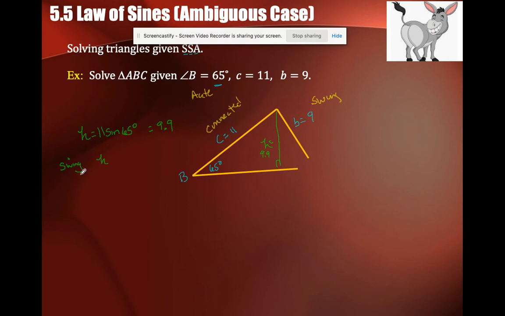If the swing side, which is 9, compared to the height, is smaller, how many triangles are possible? Okay, that's not going to connect. It's too short, right? It's shorter than the height of 9.9. So no matter where I swing this side of 9, it's not going to be able to intersect the base and create a triangle, no matter how long or short this is, right? It's never going to swing around and intersect it. Therefore, no triangle.